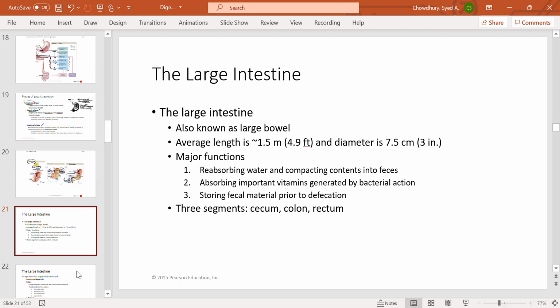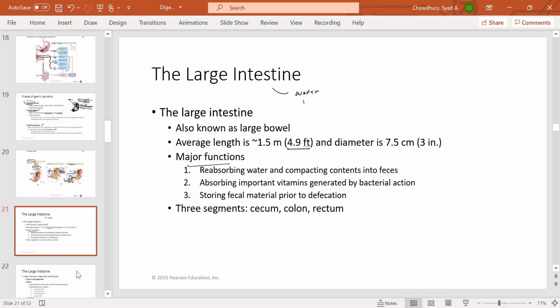Okay, now the large intestine. The large intestine is about 5 feet long, and the main function of the large intestine is absorption of water and vitamins and electrolytes.